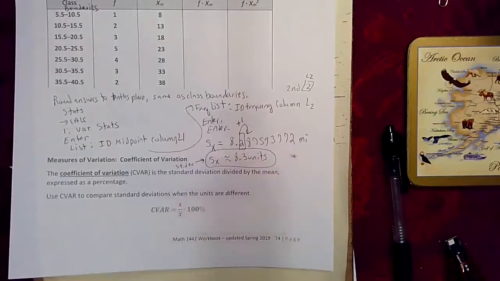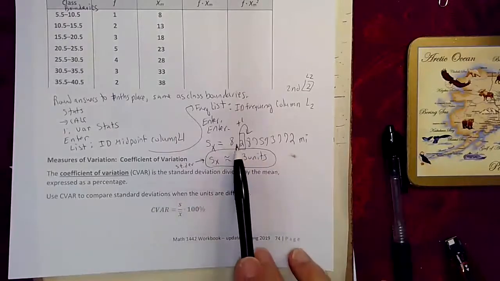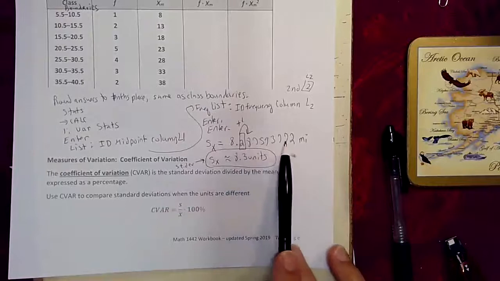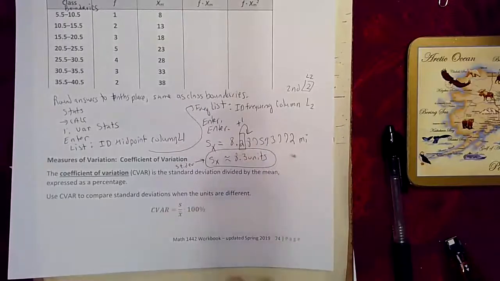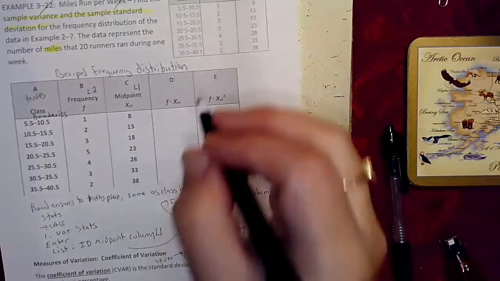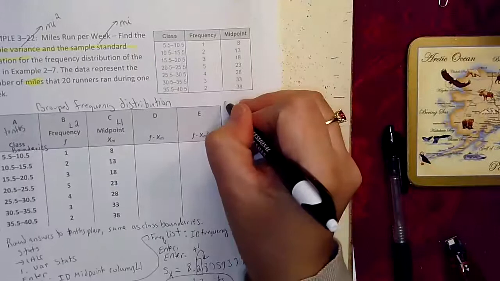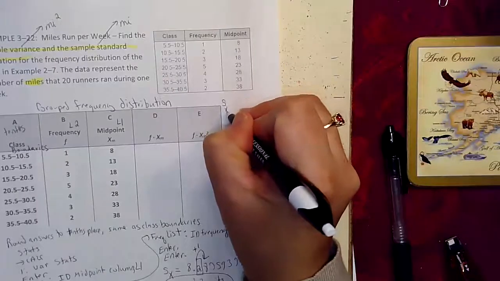Okay, so let me go back up to the top now, and we still need the sample variance. So what we'll do is we'll take all this value right here, and then we'll just square that. Okay, so we come up over here. I'm going to call it S of X squared.